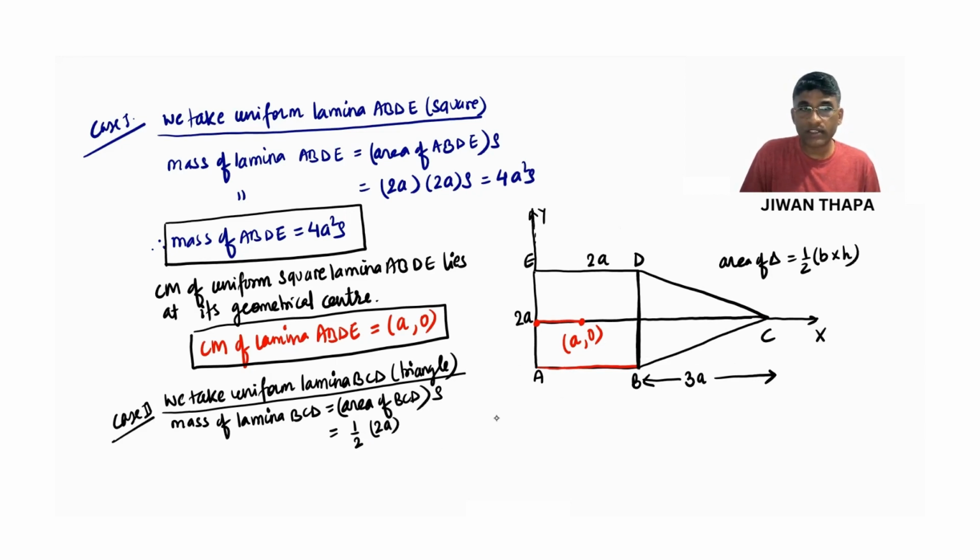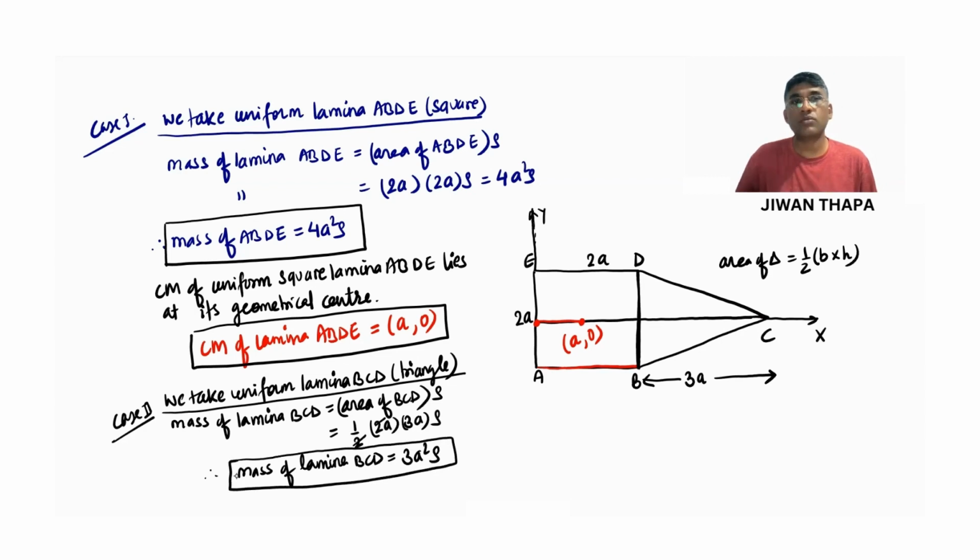So the height is thrice A, and we have rho. This cancels. Therefore, the mass of lamina BCD equals 3A square rho. So we have this. Okay, this is to be noted.